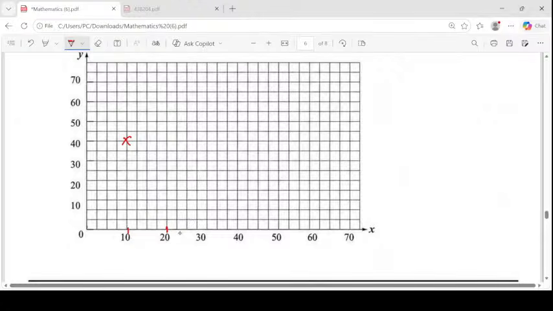Then 30, 20. Now I don't know where that is. Let me see. 1, 2, 3, 4. So it's here. 20 is here. Yes. So from this you can draw the line.